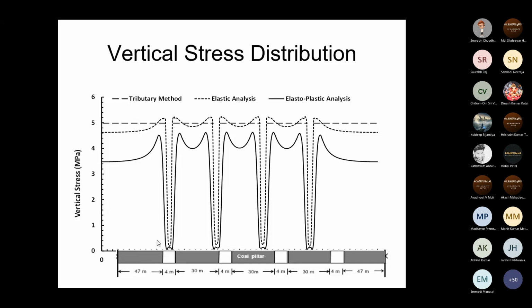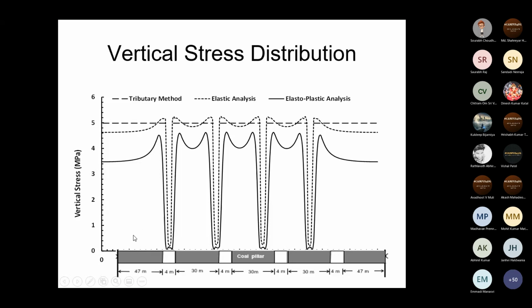So that's why it is called a progressive failure theory rather than an ultimate theory. The ultimate theory says that the entire pillar takes the same strength, based on the Salamon-Munro method, so one strength for a particular pillar. As soon as that stress is applied, the entire pillar will fail, because across the pillar length and width the stress is the same.